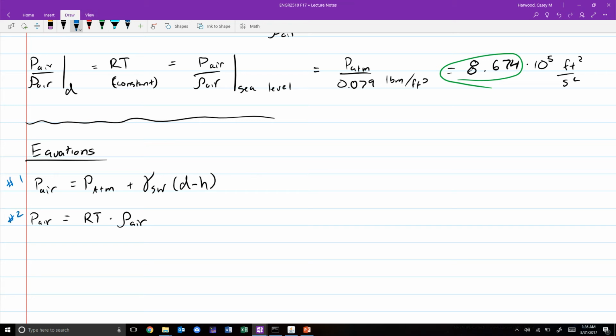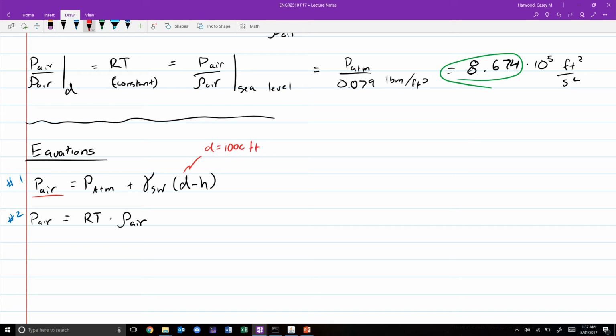Now let's count up how many things we don't know. How many unknowns do we have? Well, we have, for starters, the pressure of air itself. That's an unknown quantity. We know the atmospheric pressure. We know the specific weight of seawater. D is specified in the problem statement. We're going to go ahead and say that D is equal to 1,000 feet.